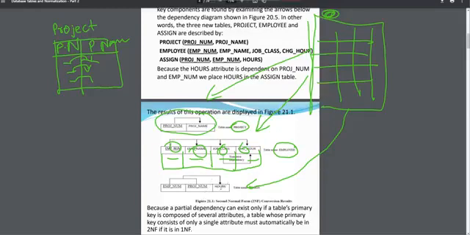So this is the way you can convert that into second normal form. Then we can say that this is in second normal form.